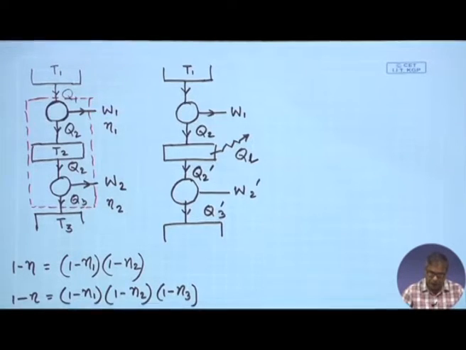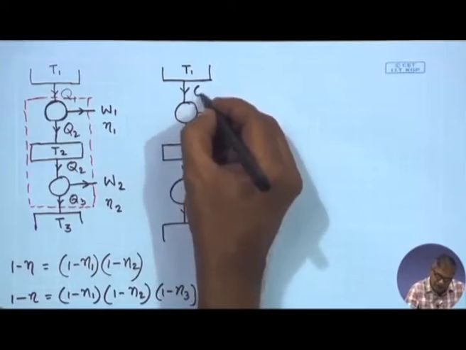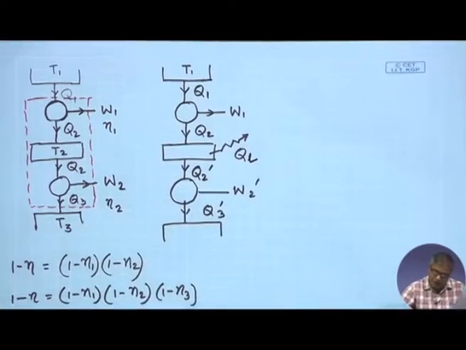So, the entire thermal energy left by the topping cycle, that is Q2, will not be entirely accepted, or cannot be entirely supplied, to the second cycle or the bottoming cycle.